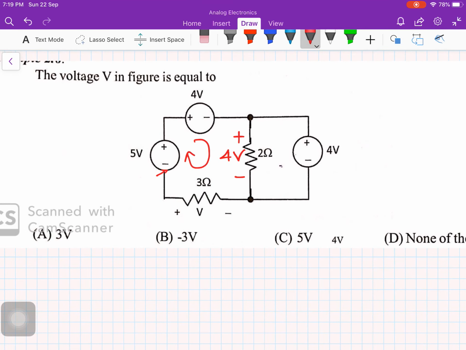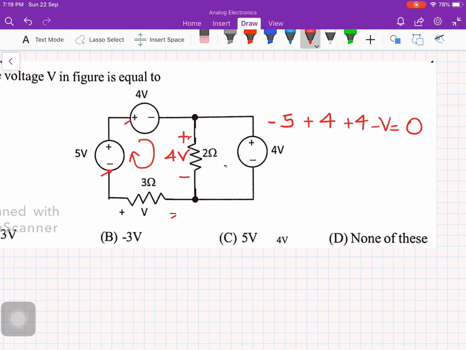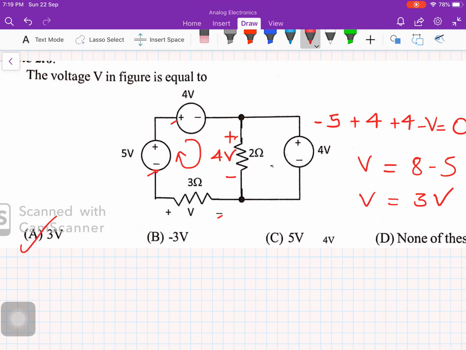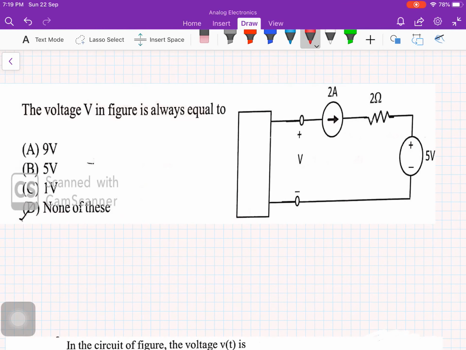So I'll get minus 5 plus 4 and come here, plus 4 and come here, minus V equal to 0. So my voltage will be 8 minus 5, which is 3 volts. That's my answer.